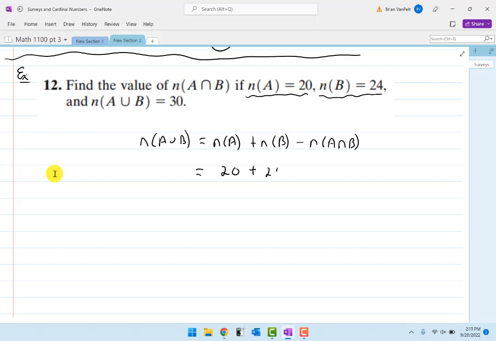That's 24. I have the union, that's 30, so I have the right side. So they want the size of the intersection of those two. Well, let me simplify a little bit. Now this is an equation to be solved, so I'm going to subtract 44 from both sides.